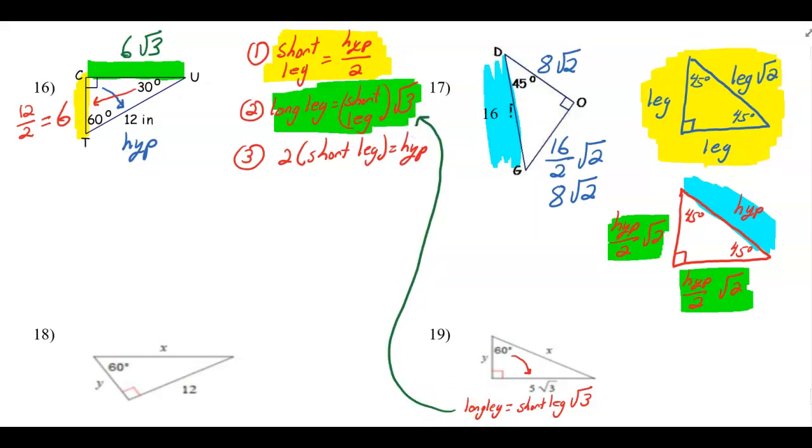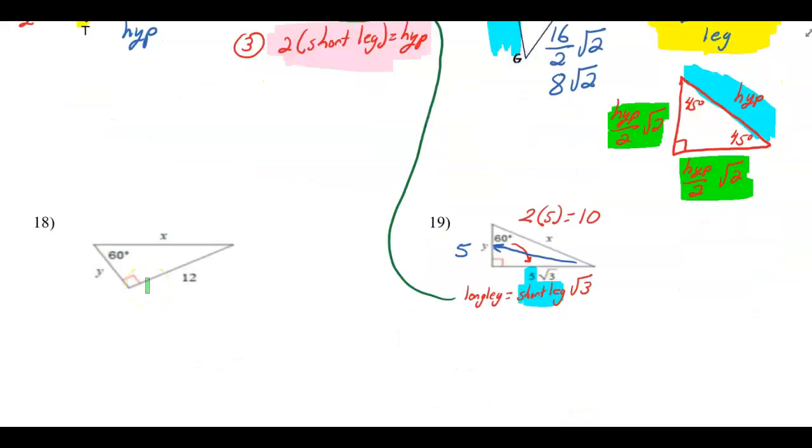So if you compare this, that means the short leg is the number in front of the square root of 3. So that means the short leg, or y, is 5. So that's the short leg across from the 30. And to get the hypotenuse, we're going to use the pink formula that I'm highlighting. 2 times the short leg is the hypotenuse. So the hypotenuse is 2 times 5, which is 10.